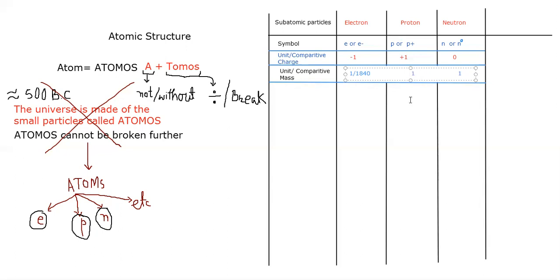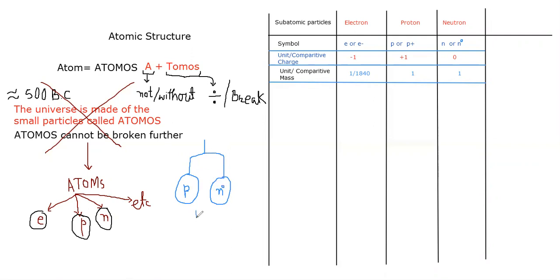So what does it mean? Suppose you have a physical balance, and if you put one proton on one side and one neutron on the other, their mass is always the same.